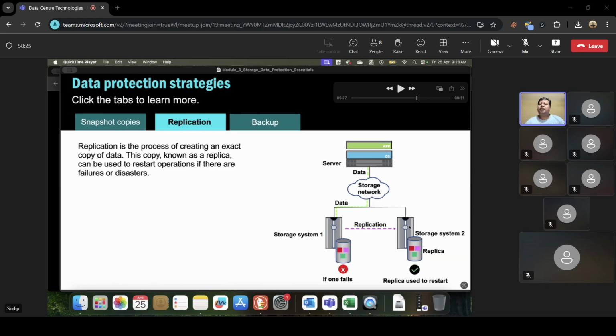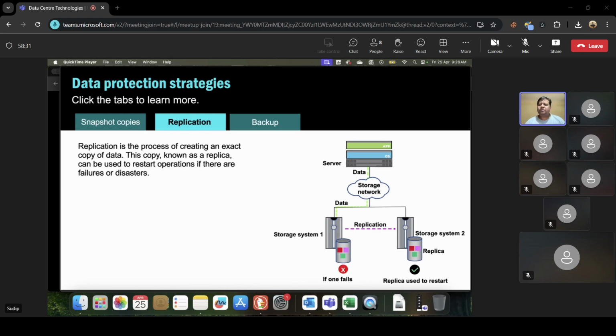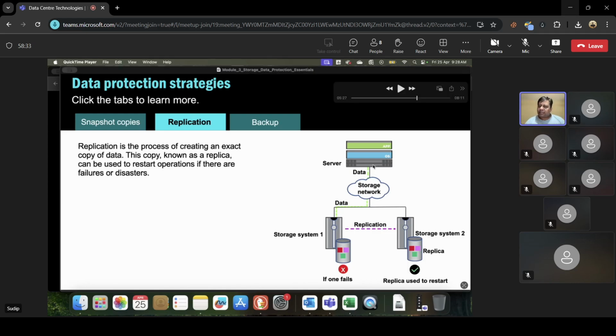Now, this storage system has got its other identity. It has its own bus number, SCSI ID, and all those things. So, how is it possible? There are certain things that we do at the server level and at the network level to make sure this happens. What are those? We will learn later.